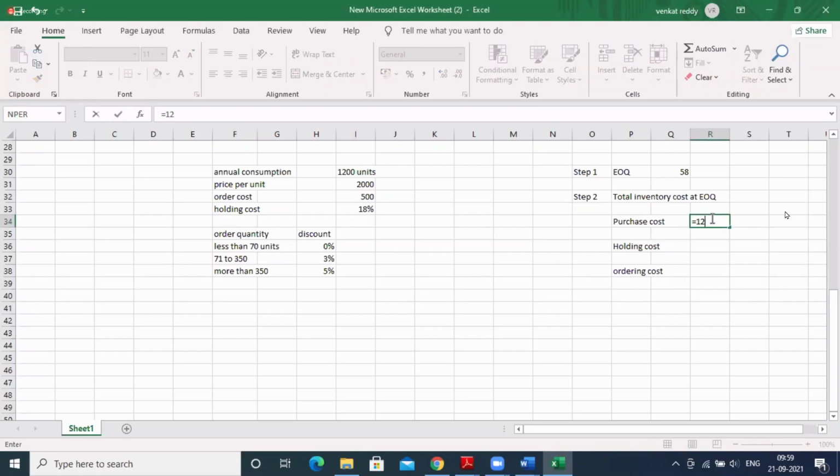Total annual consumption is 1200 into price per unit. So purchase cost will be 24 lakhs.